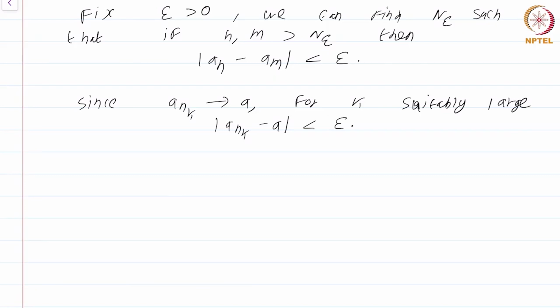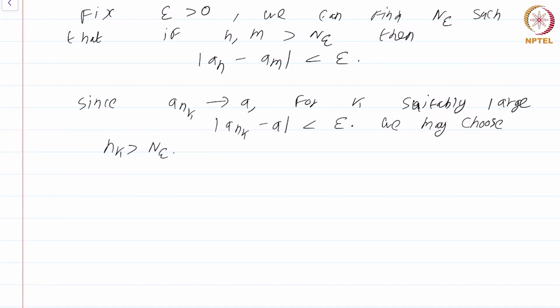Now we may choose n_k greater than N epsilon. Remember, since a_{n_k} converges to a, all the terms in this sequence must be close to a for k suitably large. In particular, if you choose k to be extremely large, we can make n_k greater than N epsilon as well.